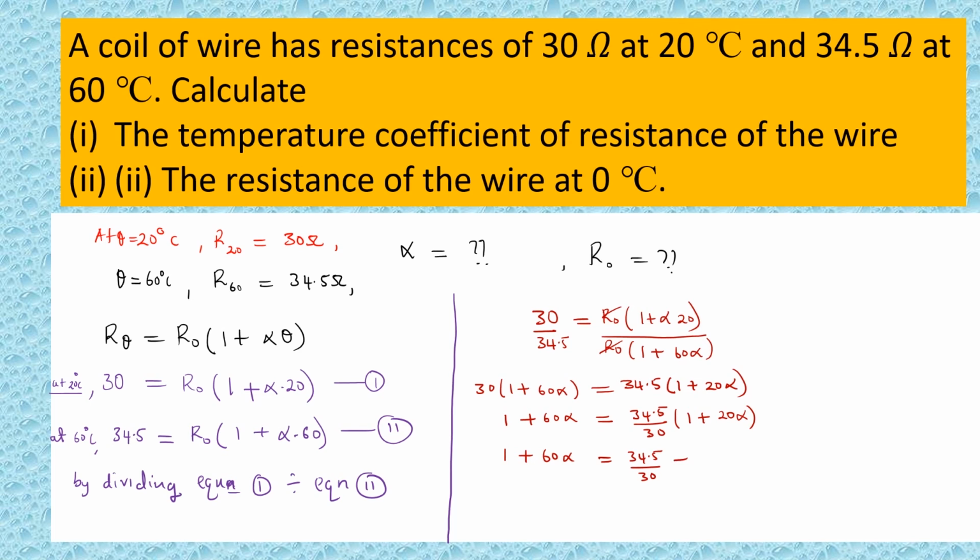When we collect like terms, we shall have 60 alpha minus 34.5 times 20 divided by 30 alpha being equal to 34.5 divided by 30 minus 1.